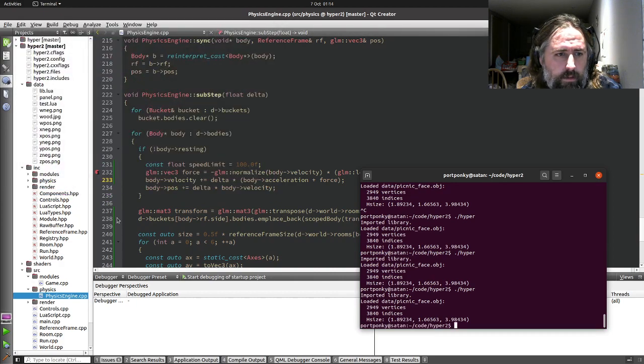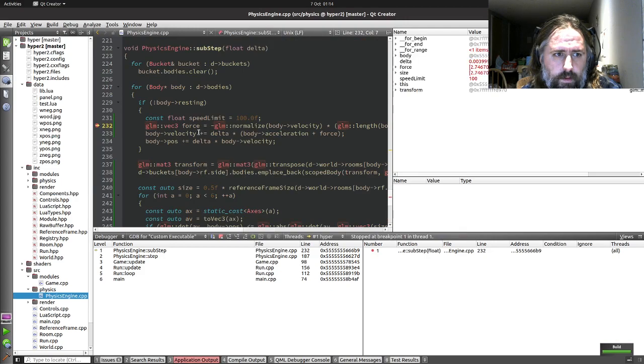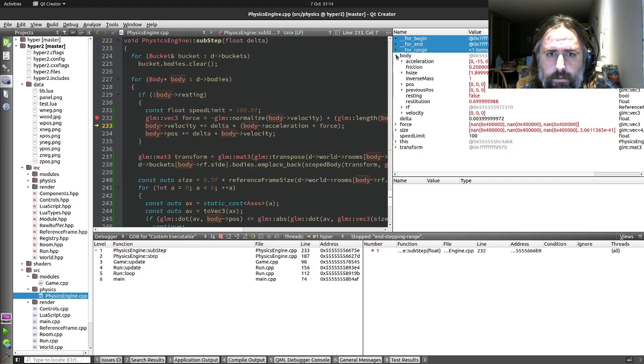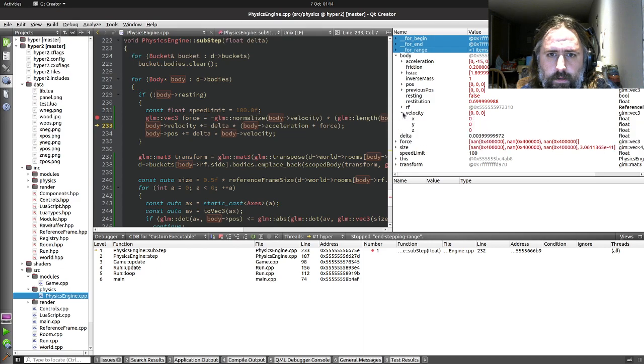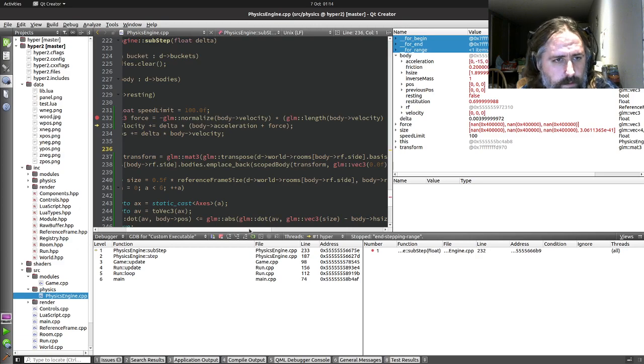Okay, let's just check where they got to. Yeah, that force is full of nan. Why is that full of nan? Interesting. Oh, of course, I cannot normalize a zero vector.